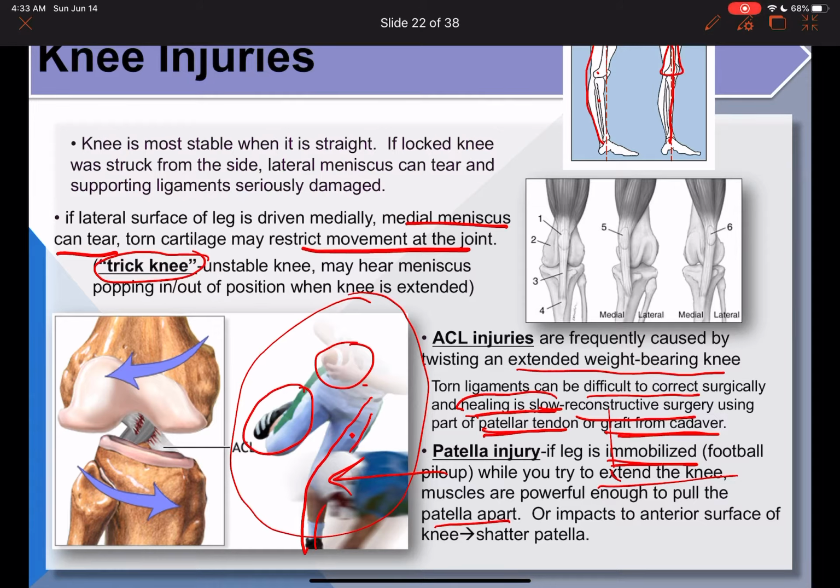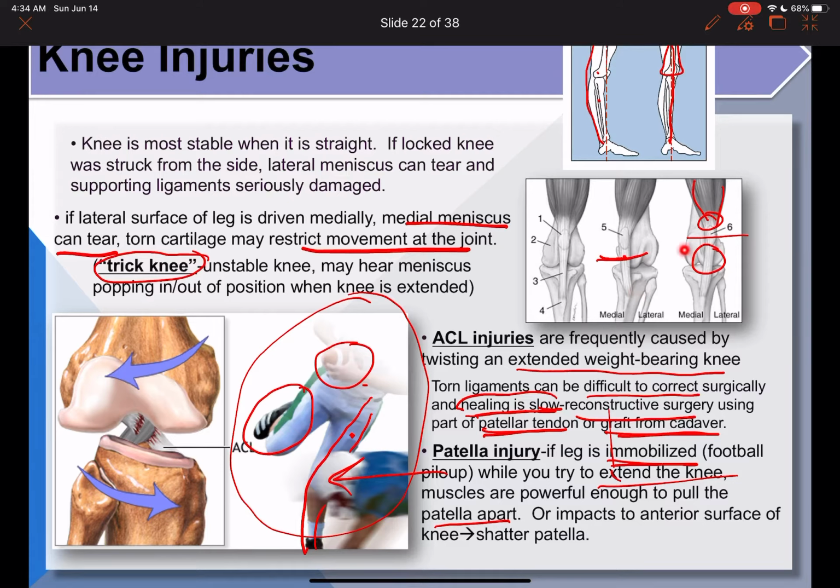For example, here's your quadriceps tendon and your patella ligament, and your patella splits in half like that. Or if there's a tear in your patella ligament, this snaps, and the patella bone will then move upwards because it is no longer held in place by the patella ligament.